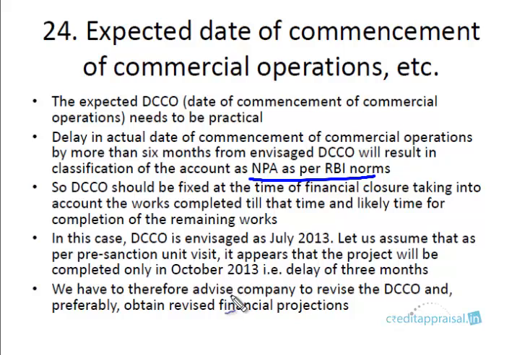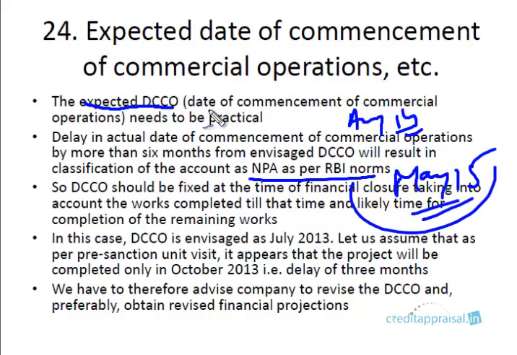DCCO is date of commencement of commercial operation. So for every term loan proposal, the company will be mentioning in the project report what is the expected DCCO, right? You have to be very, very careful with this date, because in case the delay is more than 6 months from the envisaged DCCO, say for example the project report says that by August 2014 the commercial operations will start, and say there's a 9-month delay and actually it started on May 15th.